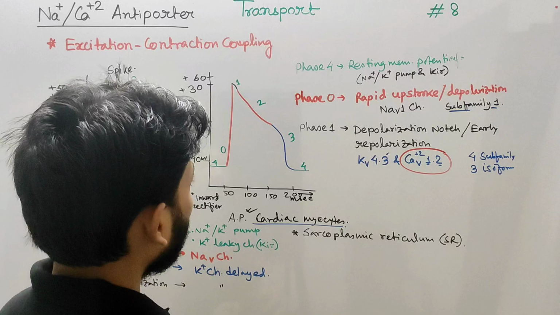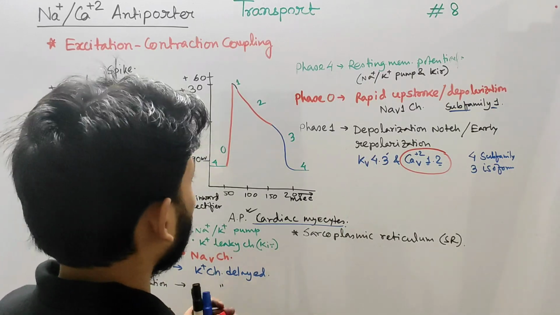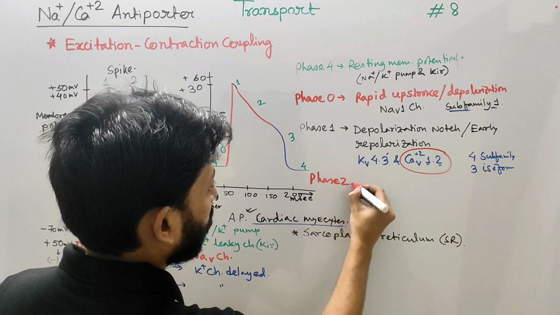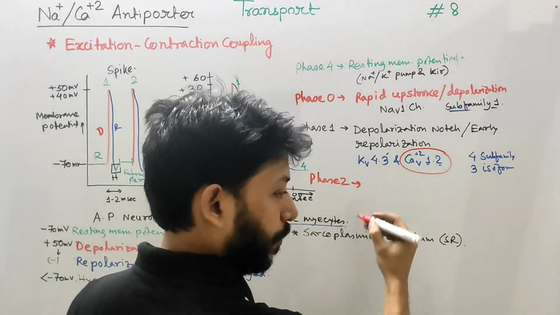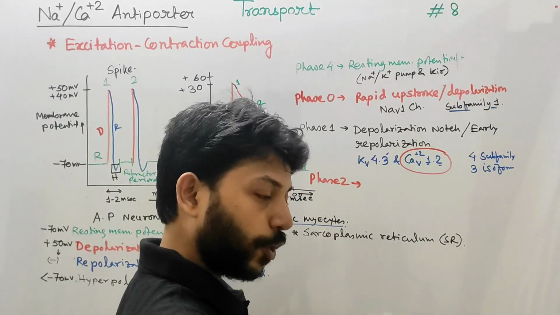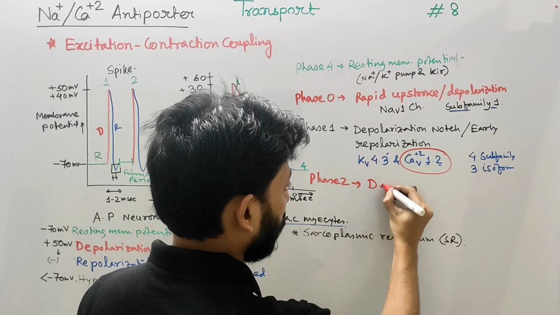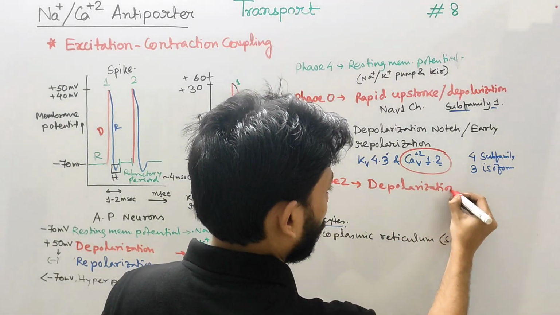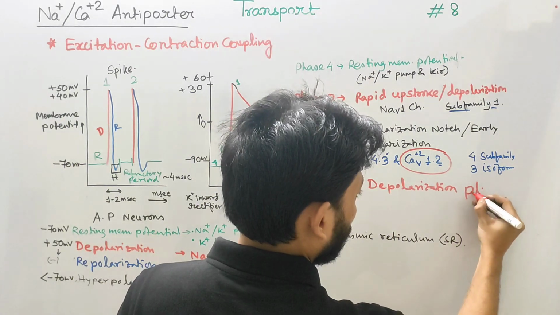Okay, now the phase 2, also it is in red. So phase 2 is called the plateau phase, repolarization or depolarization plateau phase. So depolarization plateau phase.